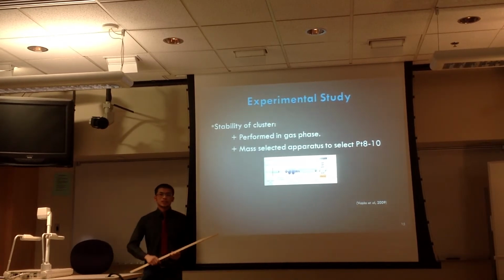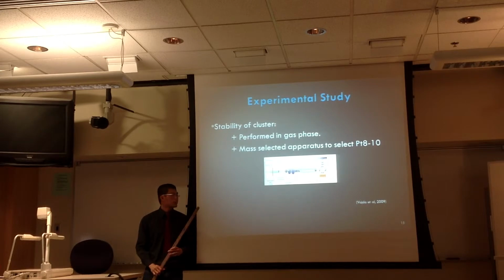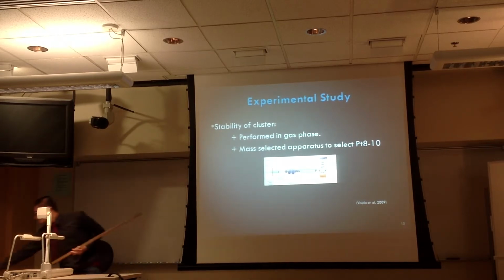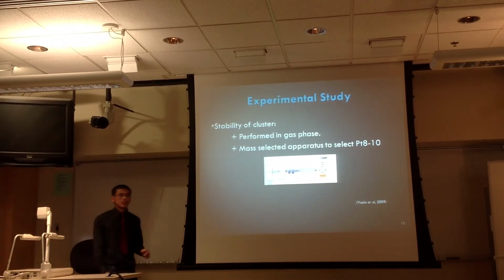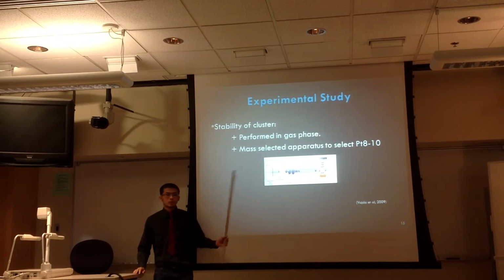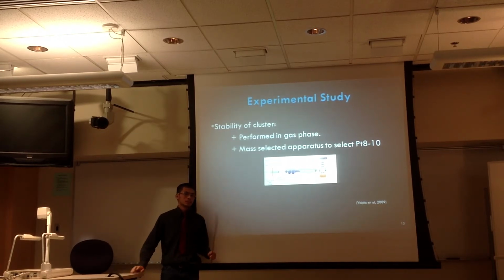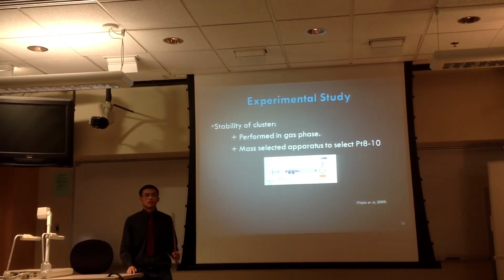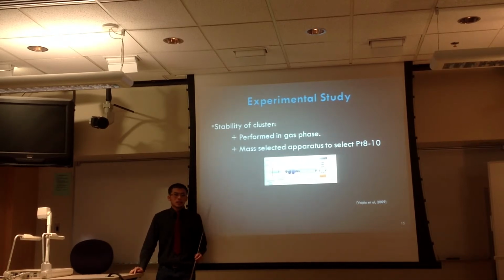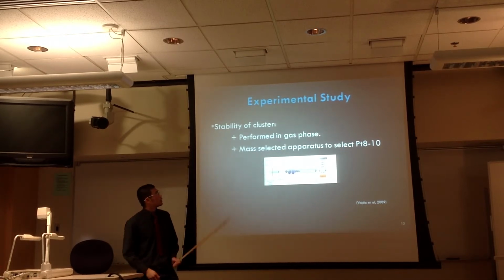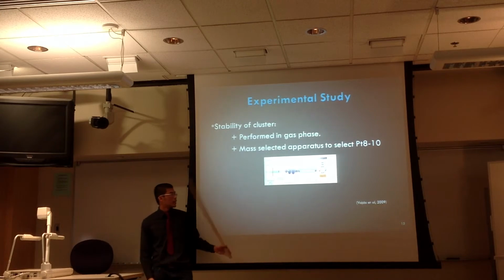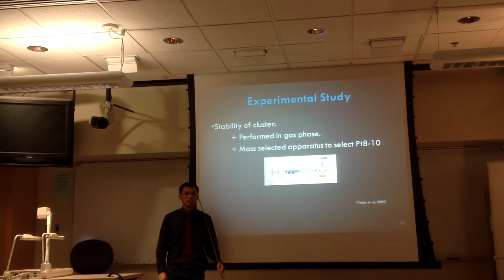About the temperature, they say that the Pt cluster is stable between 40 degrees Celsius and 400 degrees Celsius, and it has to be performed in gas phase because in the gas phase the Pt cluster can be pure, and it cannot react with other stuff.